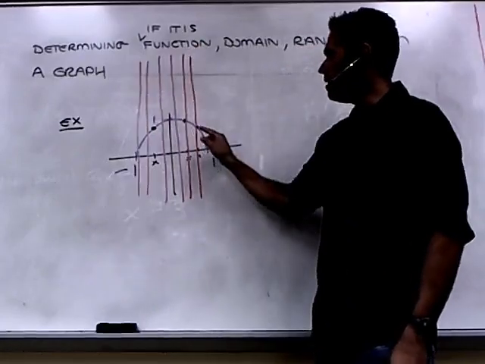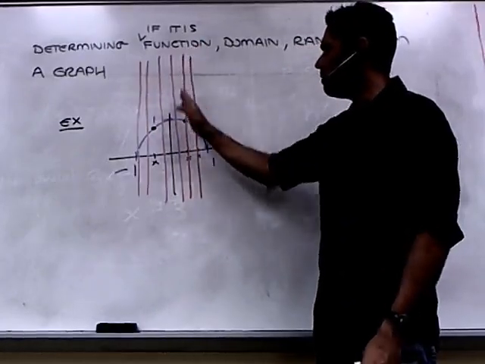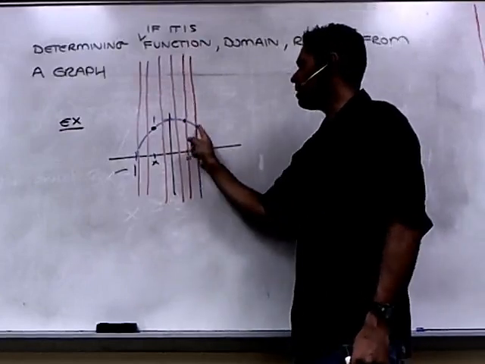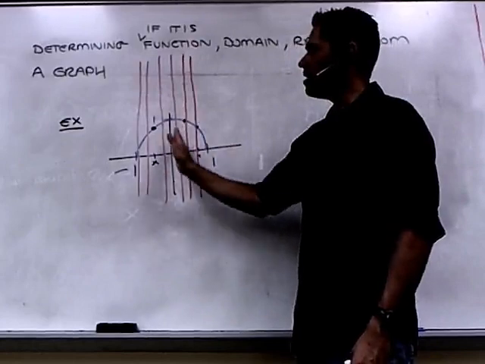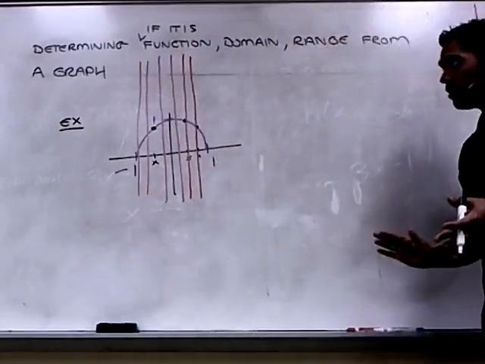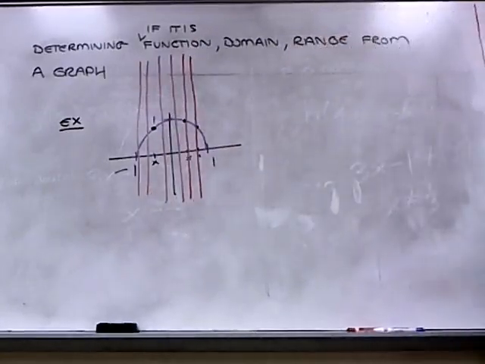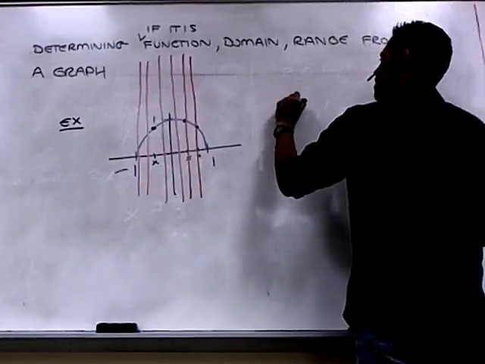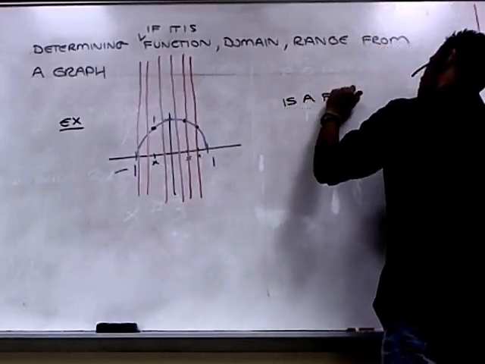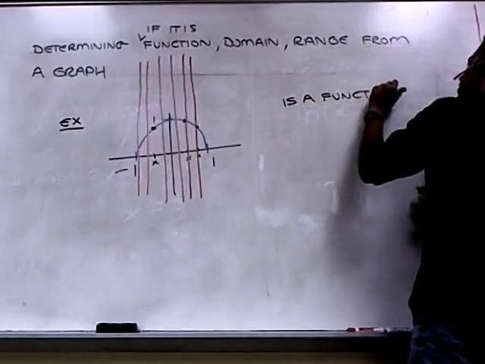This red line hits it only one time, and that one hits it only one time. That just means for every input there was an output. So the vertical line test says if you draw vertical lines and you hit it no more than one time, it is a function. So what I would say here is this is a function. All right, that's my first conclusion.